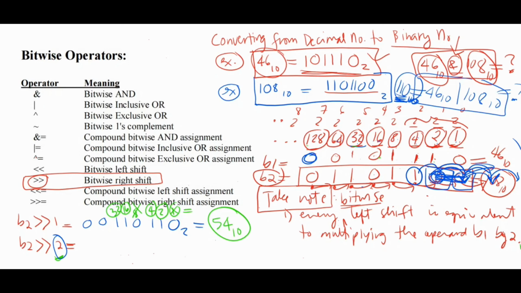So this becomes 1, and this one moves 1, 2, this becomes the second, and this one moves 1, 2, this becomes the third going left, so this is 0. And this one moves twice to the right, so this becomes the fourth position from the right, equal to 1.